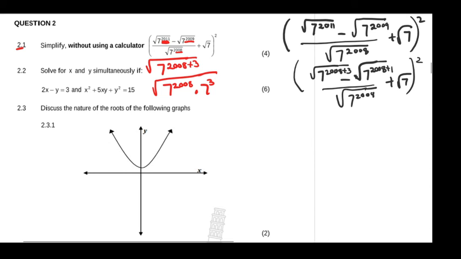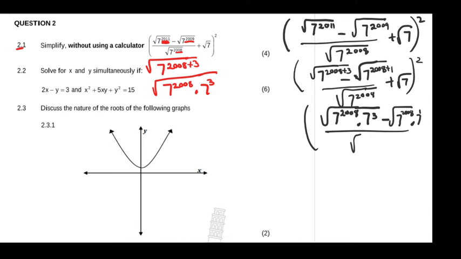So meaning we're going to have the root of 7^2008 multiplied by 7 to the power of 3. It's all inside the square root, minus the root of 7^2008 multiplied by 7 to the power of 1, right? All divided by 7^2008, right? Don't forget the root of 7 here, all to the power of 2.